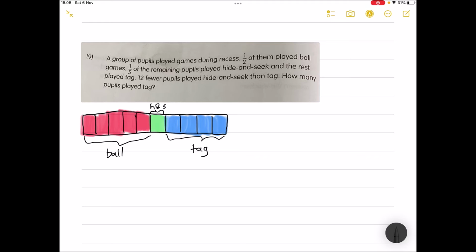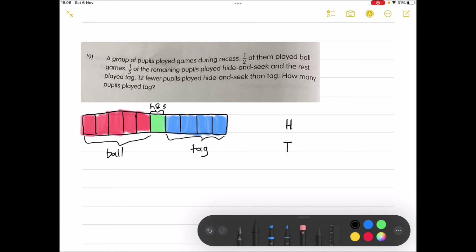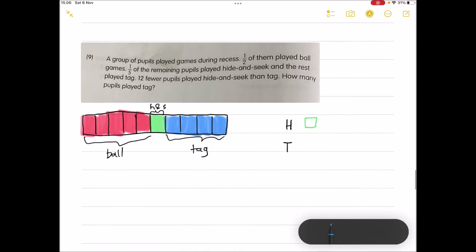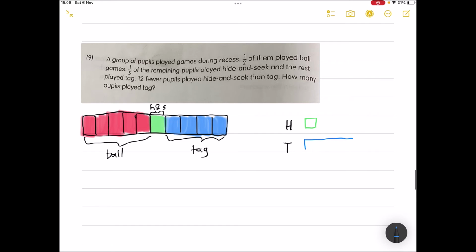Now 12 fewer pupils played hide and seek than tag. I can just bring the hide and seek here and the tag here. Hide and seek is only 1 box, while for tag there are 4 boxes, right?